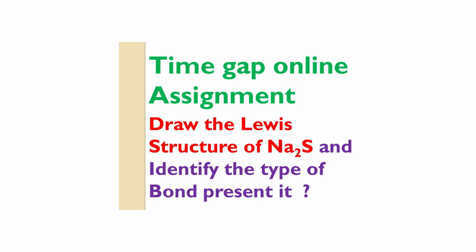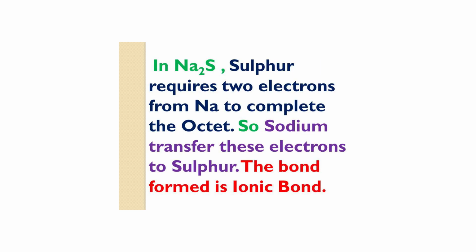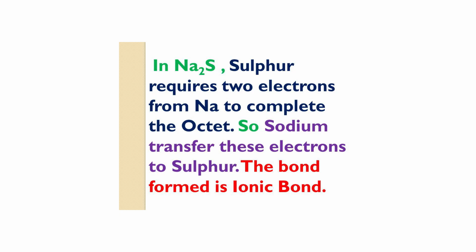Students, then we can do an assignment. Draw the Lewis structure of sodium sulfide Na2S and identify the bond present in it. See the slide. The sulfur is the central atom. What is the atomic number of sulfur? 16. What about its electronic configuration? 2, 8, 6.